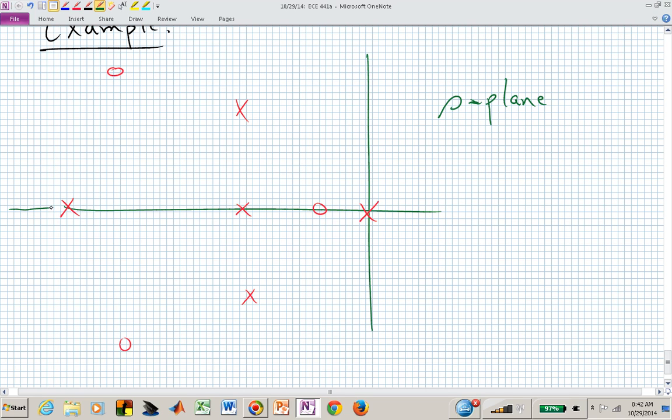And now I want to know from rule number 2 which segments along the real line belong to the root locus. And the first question you might ask is, how many pieces of French bread do I have? How many line segments exist?